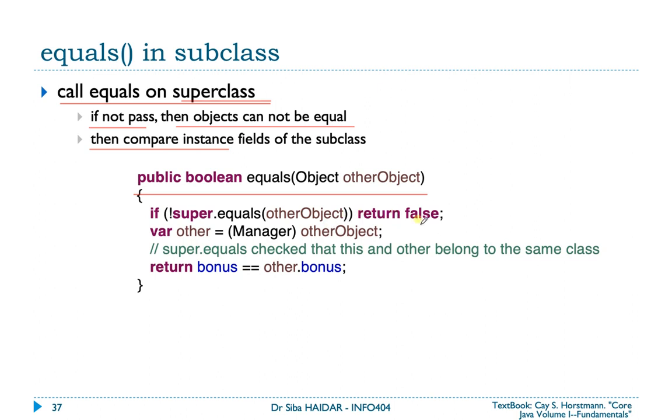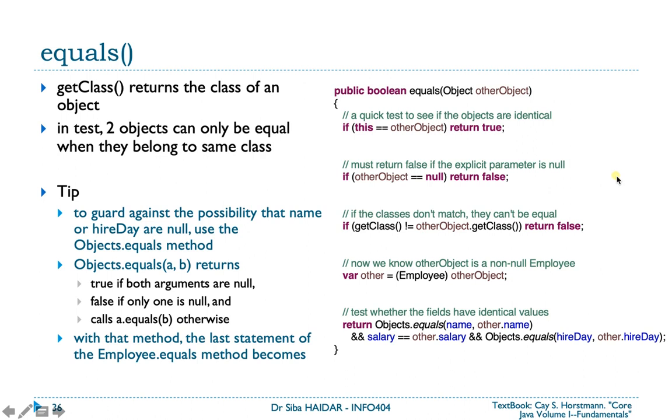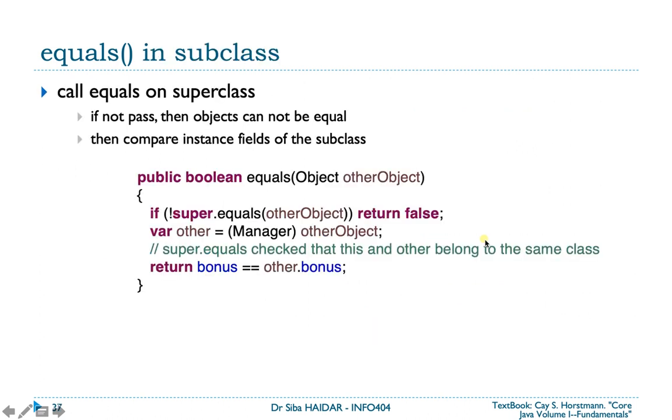If we didn't return false, this means the super method returned true, including that they have the same getClass value. If they have the same getClass value, you can easily cast them to Manager. So we will say Manager other = (Manager) otherObject.